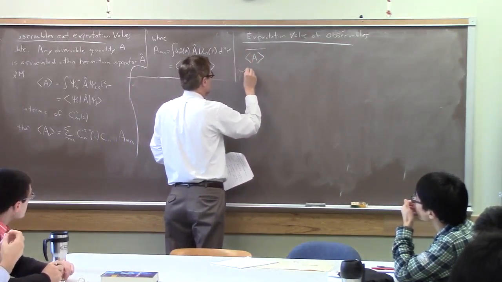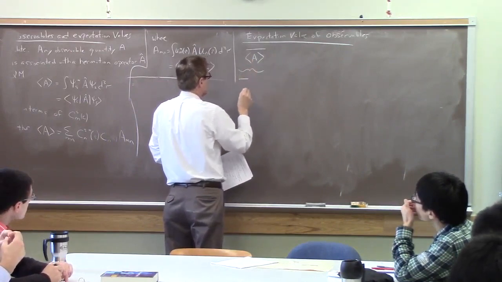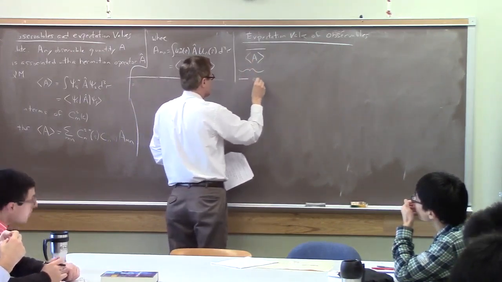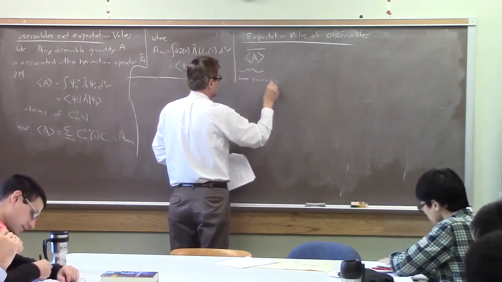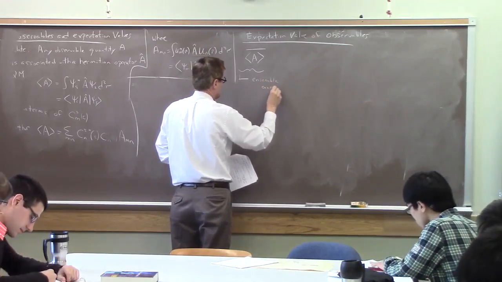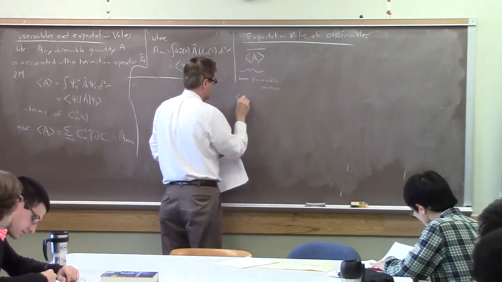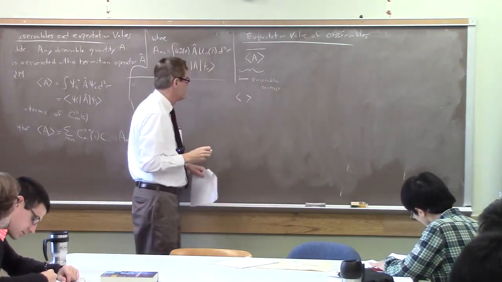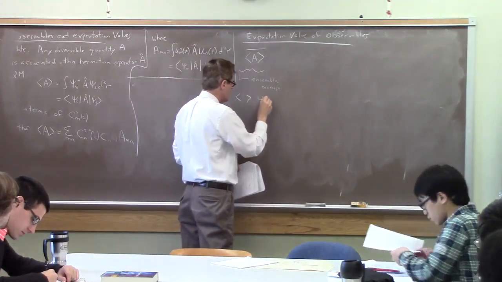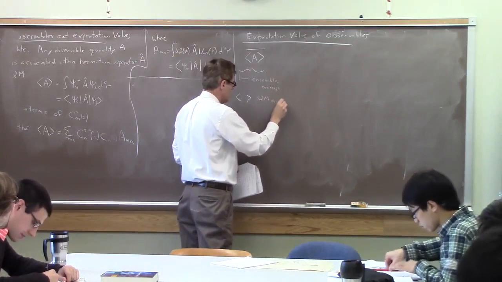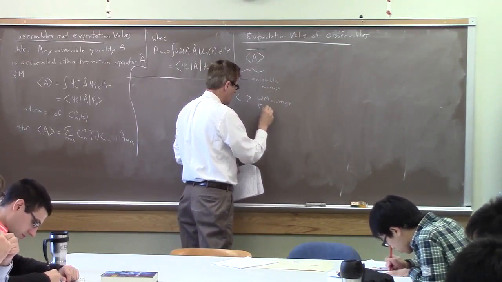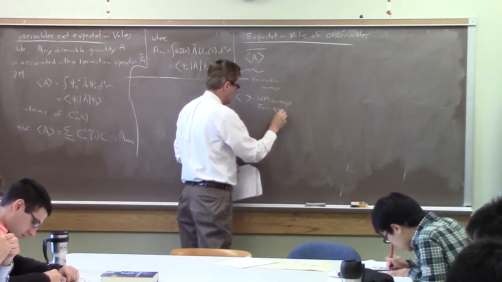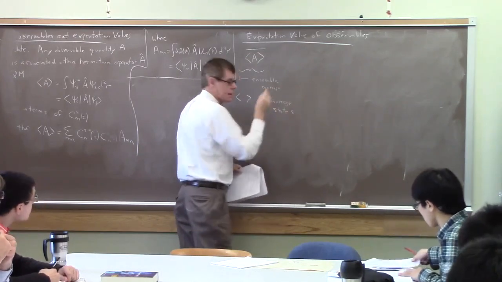So what do I mean by this? The bar is the ensemble average. The angular bracket is the quantum mechanical average for the state S. Right.